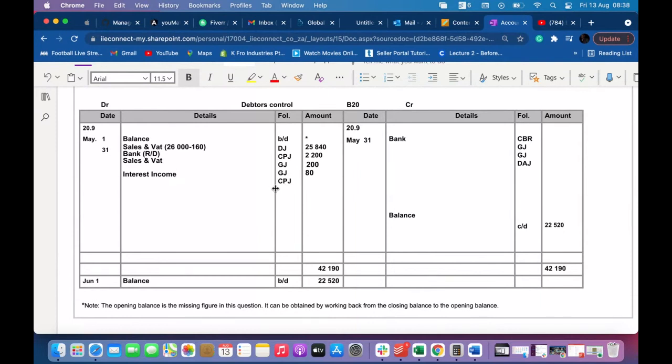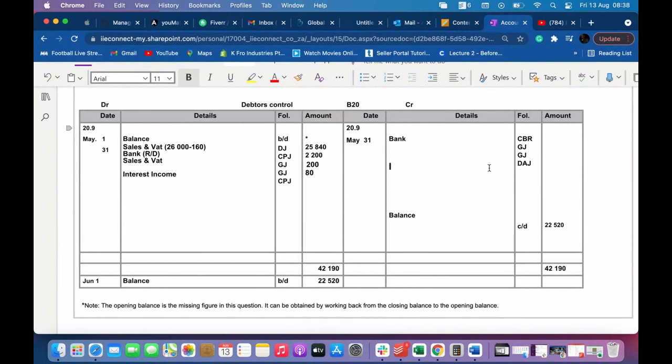Okay, we had this 1,200. What is it called? Sales returns and VAT. So sales returns actually should decrease your debtors control. So it needs to slide over to the other side. And that would have affected your debtors adjustment journal.